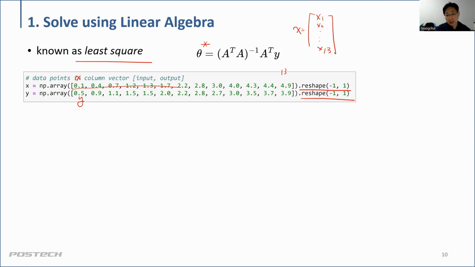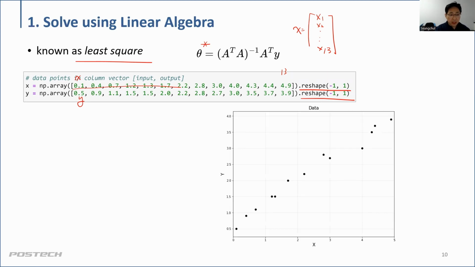So I define X and Y, and I plot it. Whenever you have data, the first thing you need to do is visualize or plot it to get some idea of what's going on among the data points. So plot is the first step for data scientists. Remember that.